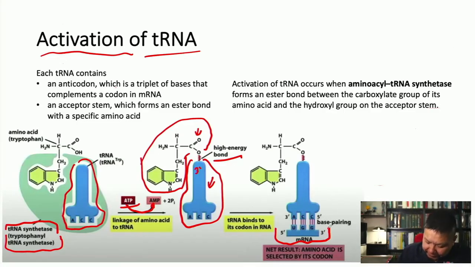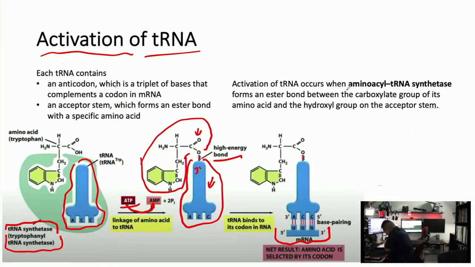So the thing you need to remember about this is that the enzyme is tRNA synthetase. It's tRNA synthetase.